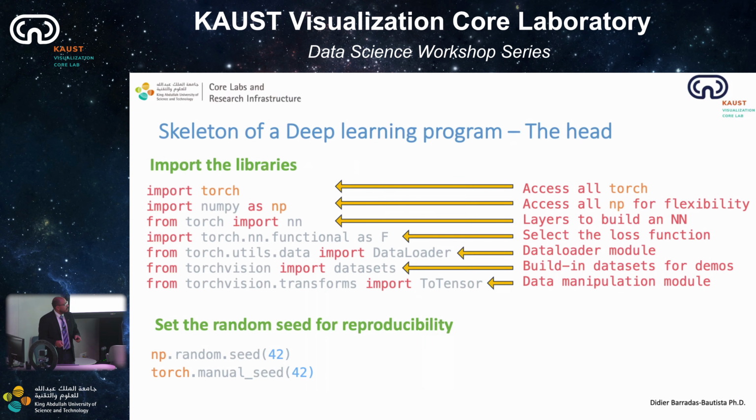The first thing that you also have to find is setting up the random seed. If you don't know what a random seed is, it makes the aleatory component of the training predictable. You have to find this inside of the code. If you don't, every time you run your code, you get a different result, and therefore it's not reproducible.